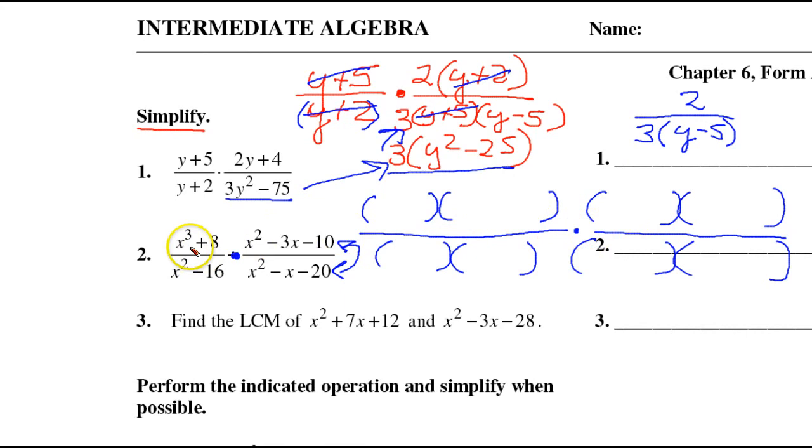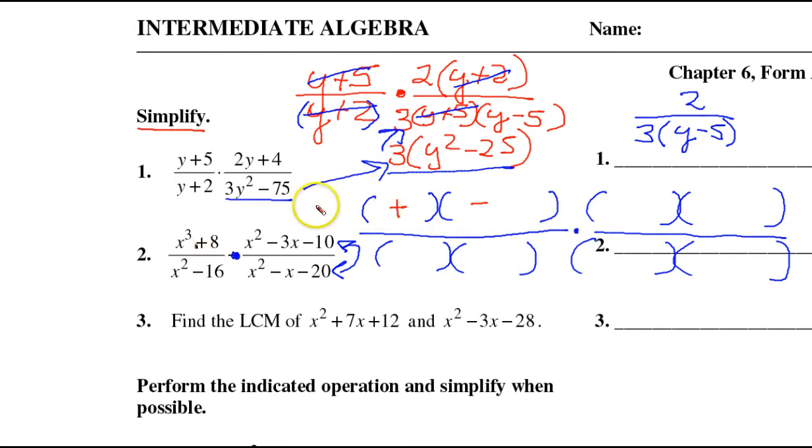So as we look at this one, this is the difference, no, the sum of perfect cubes. So there's a recipe for that. This plus sign goes there. Opposite sign goes there. And this is a parenthesis for 2 terms, parenthesis for 3 terms.